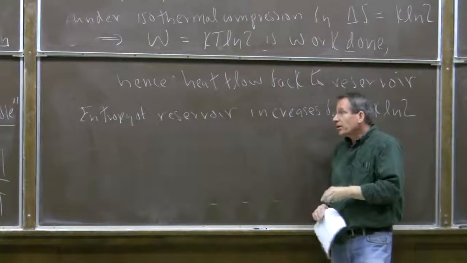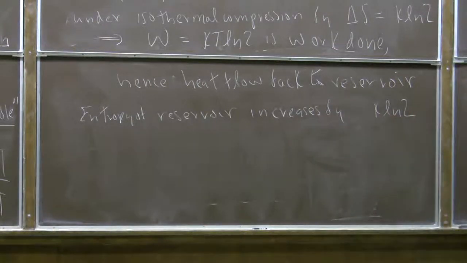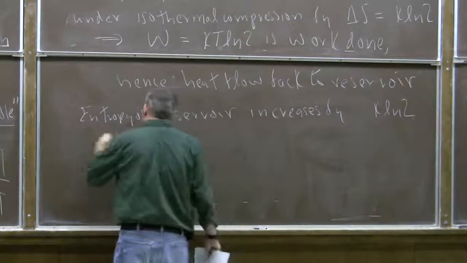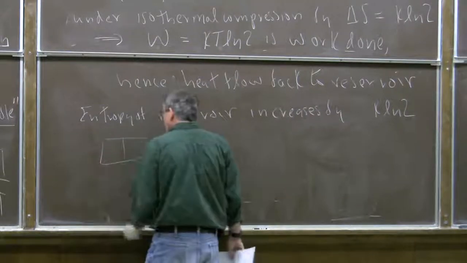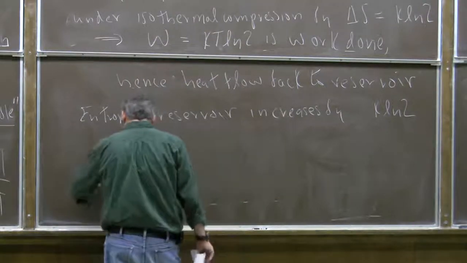The general principle is that erasure is a procedure that compresses the phase space, reduces the number of possible states of the system. Right? That's what we mean by erasure. If we have a bit, it means there are two possible states. The molecule could be here or here.